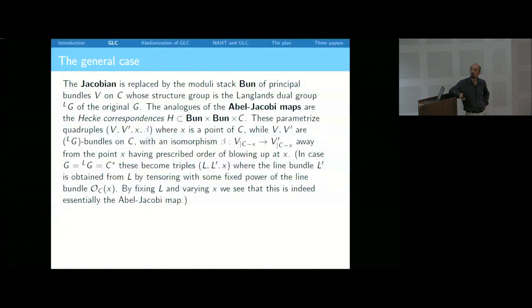But if you go to non-abelian cases, then it's really a correspondence, not a map, in the sense that for every V, there would be a positive dimensional family of V primes, and for every V prime, there would be a positive dimensional family of V's. So it's many to many.